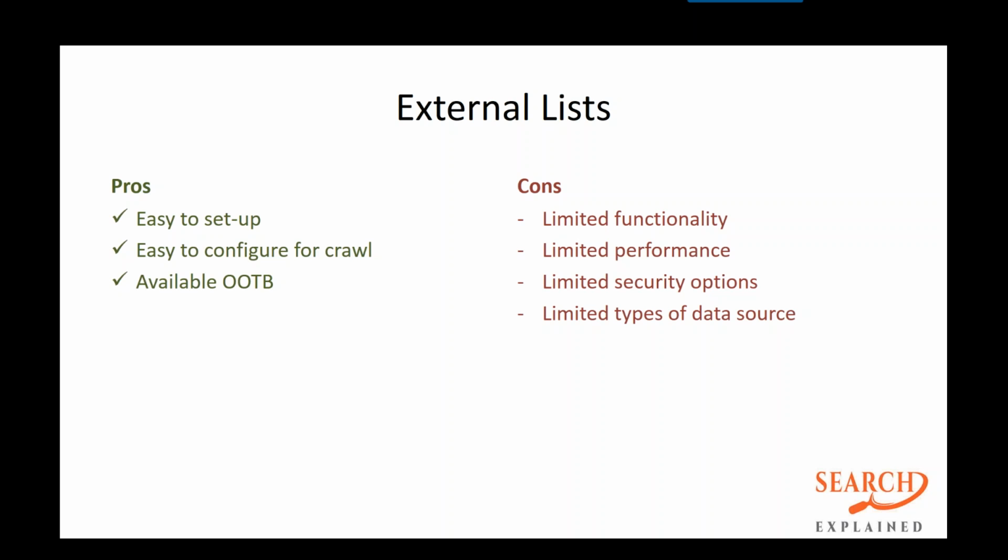The downside of using business connectivity services is that it has limited functionality and limited performance as well. As you saw, my database was very simple, and in use cases like this, it is perfect. But if you have a more complex database, it still can be used, because you can use database tables for business connectivity services, but at the same time you can use database views.